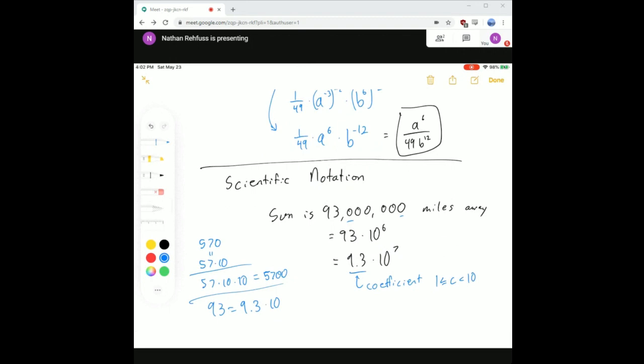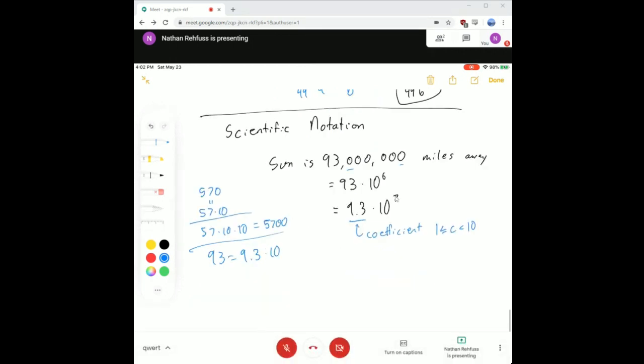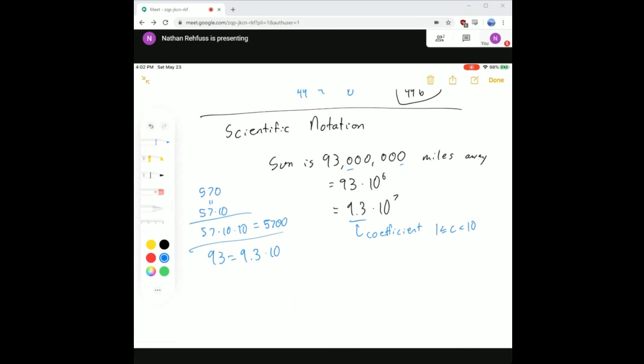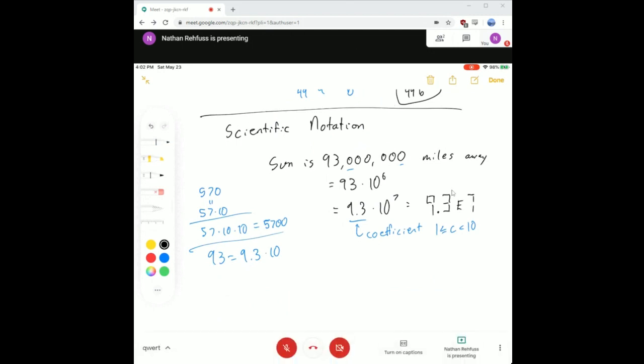Incidentally, if you're on your calculator and you get an answer of 93 million miles, your calculator might display this as 9.3 E7. What your calculator's doing is shorthand for 9.3, and then the 10 has an E for exponent of 7. So this is the calculator's way of writing 9.3 times 10 to the 7th.